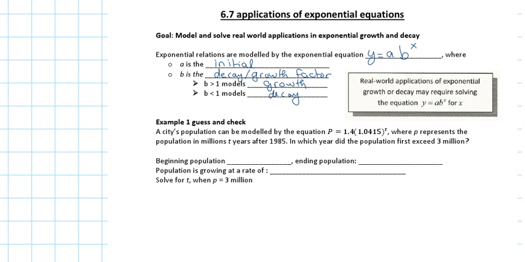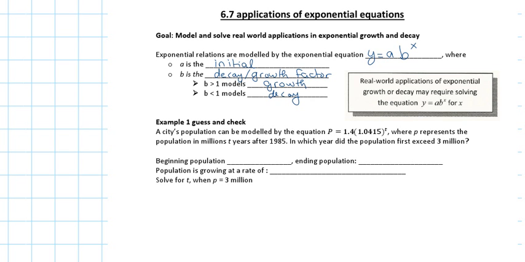Let's look at this example. A city's population can be modeled by the equation P equals 1.4 times 1.0415 to the power of t, where P represents the population in millions, t years after 1985.